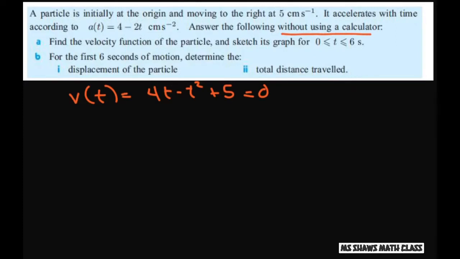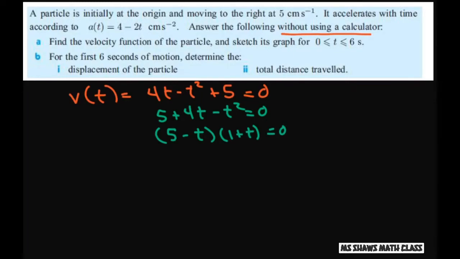So I'm going to rewrite this as 5 plus 4t minus t squared equals 0, and factor it. And when you factor, you're going to get 5 minus t, and then we're going to get 1 plus t equals 0.